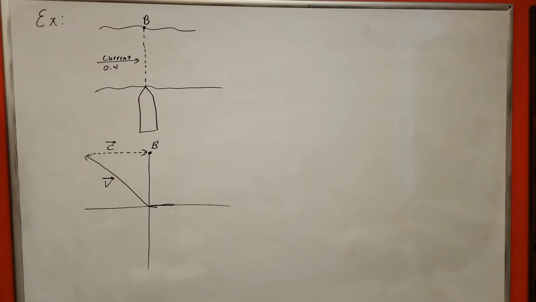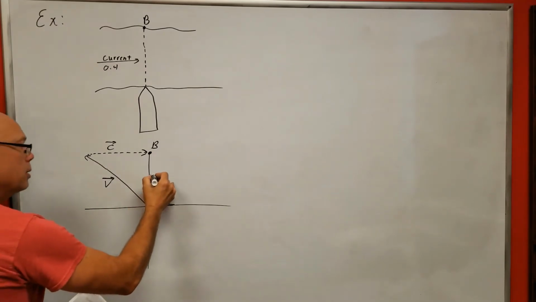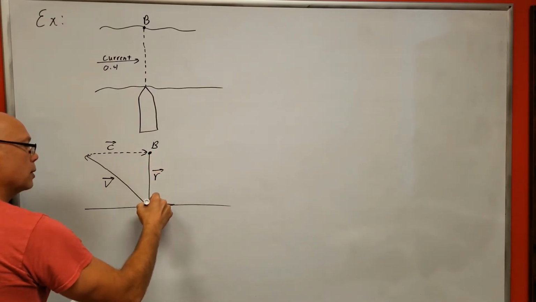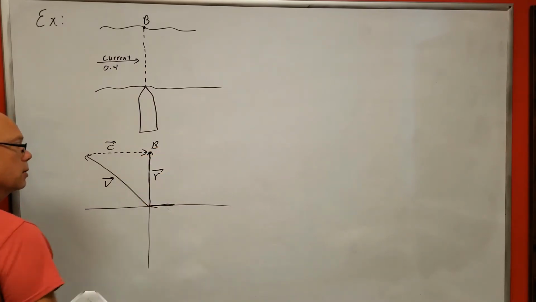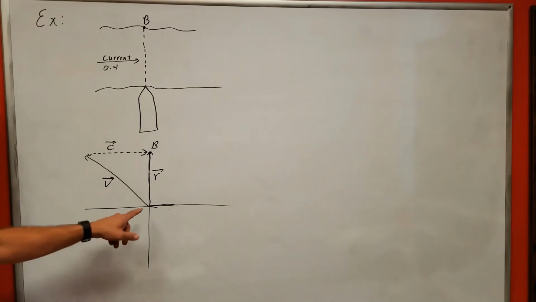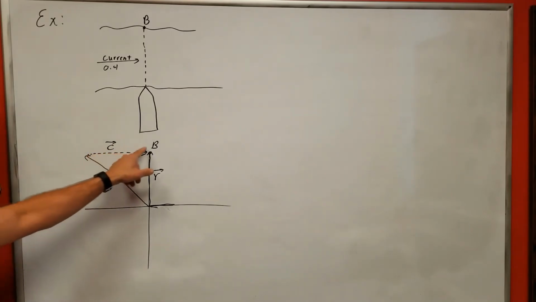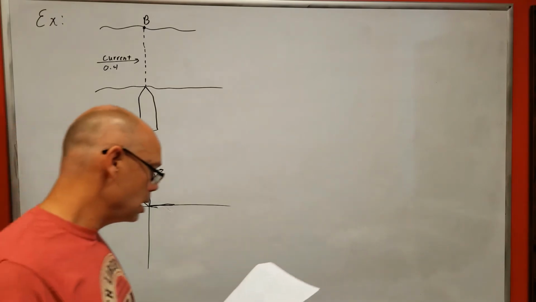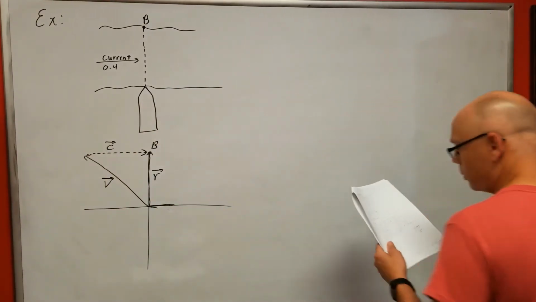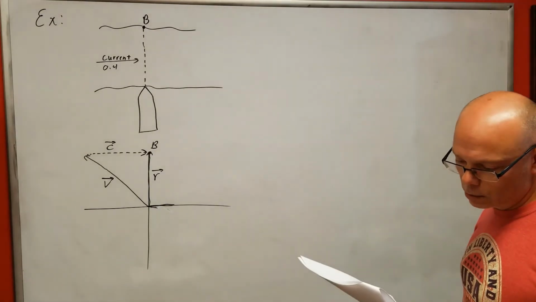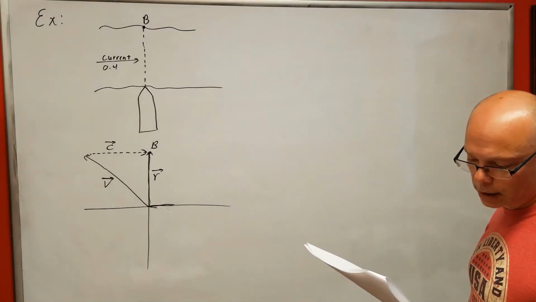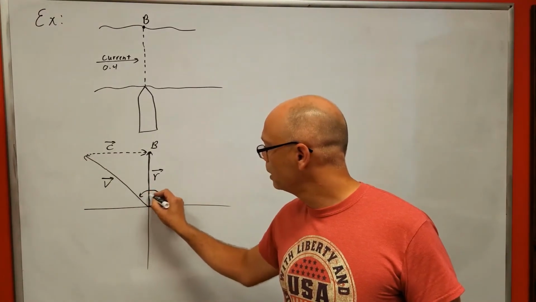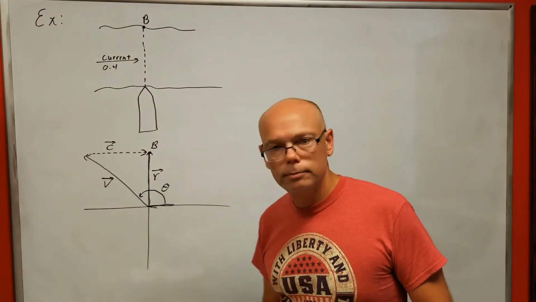And I went ahead for some reason and called this vector R in my notes right here, from here to point B, okay? So in other words, if I add up V and C, I will get vector R, okay? All right, so what does it say? If the current is 0.4 miles per hour due east, at what angle theta should the boat be navigated to reach point B? So they want to know what angle right here, theta.